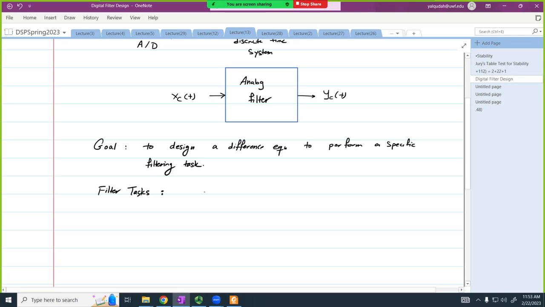Does that make sense? So we can have specific frequencies or band of frequencies at the output. What else? Smooth the data. Yes, we can use the filter to smooth data.